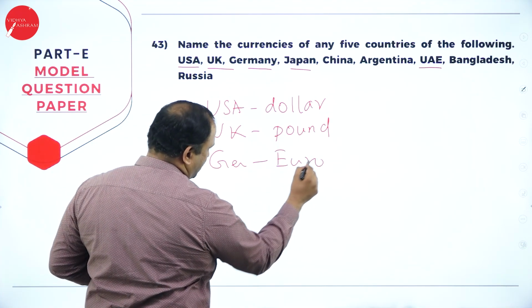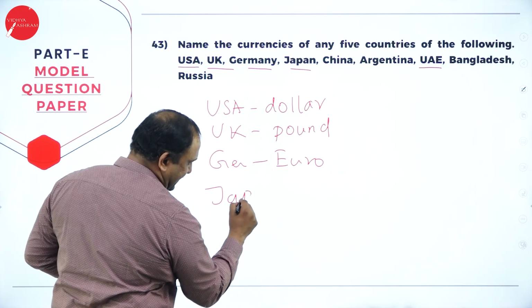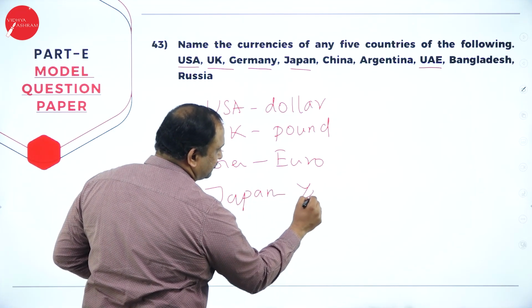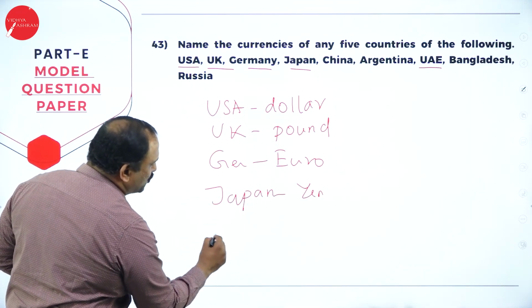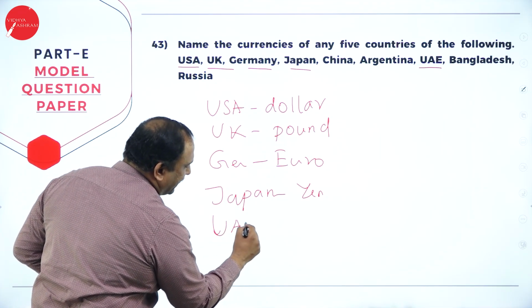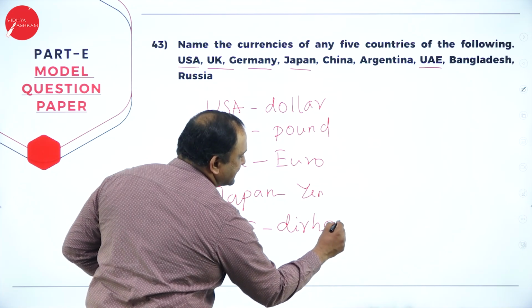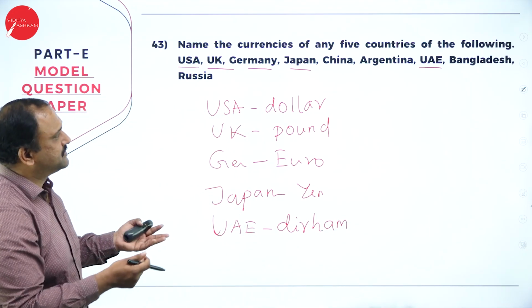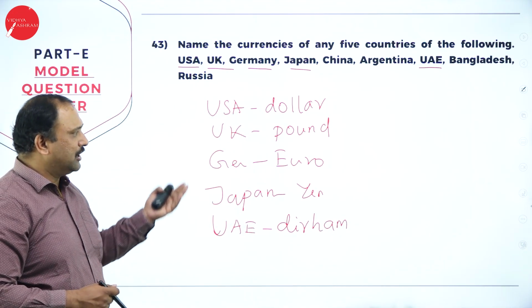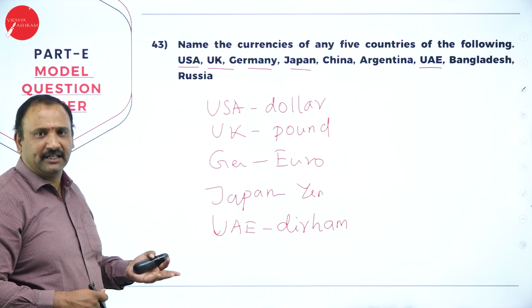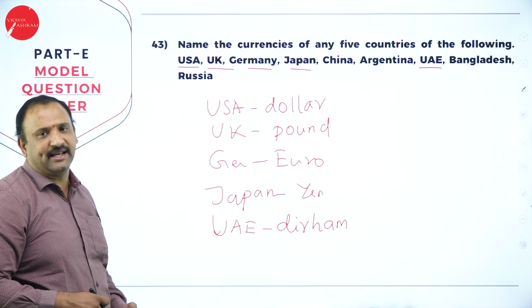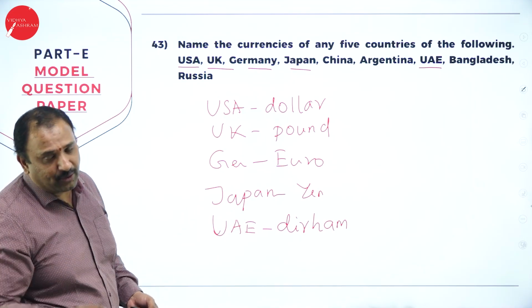If you're going for Japan, it is yen. And if you're going to take UAE, you would write the answer as dirham. So this is the answer altogether. Just remember these 5 countries. USA is dollar, UK is pound, Germany is euro, Japan is yen, UAE is dirham. You write this and you get your 5 marks.